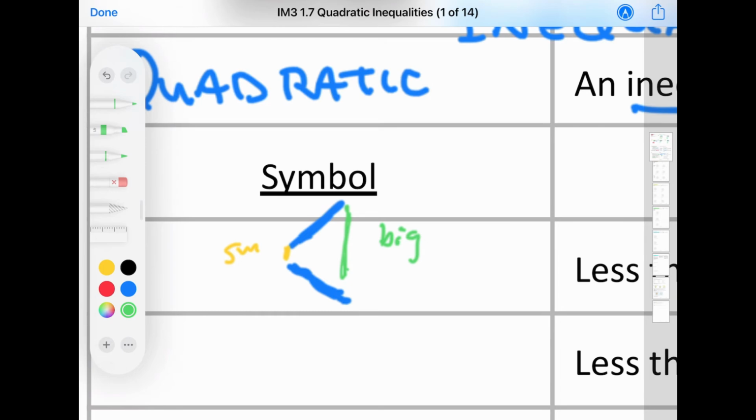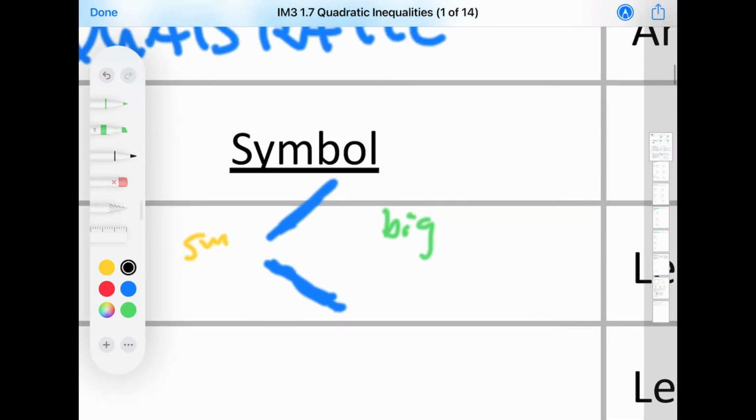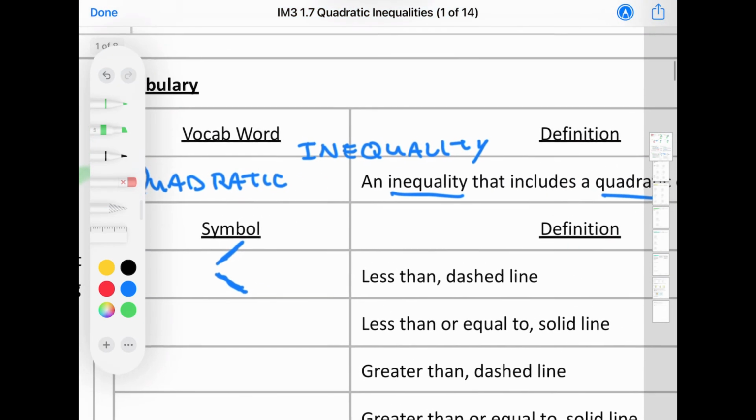Some people also use the inequality signs, you know, the alligator wants to eat bigger numbers. I don't know if you guys remember that, but those are some ways for you guys to remember them. So that is a less than sign.